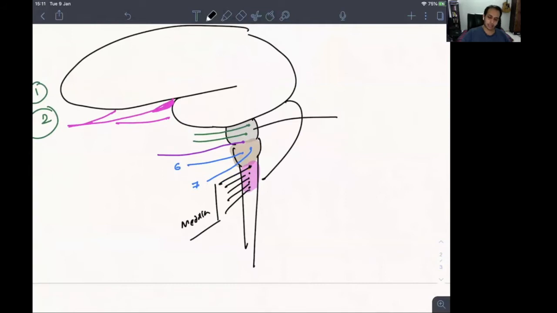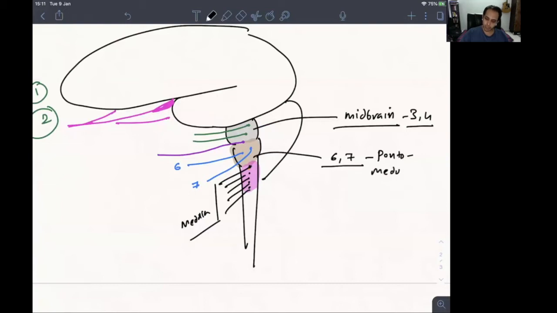One is that your midbrain has mainly 3 and 4. Second is that your sixth and seventh, that is your abducens and your facial nerve, are both in the pontomedullary junction. So you can remember that they are at this junction between your pons and your medulla.